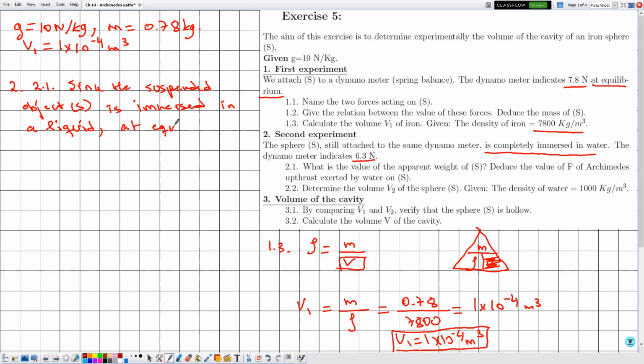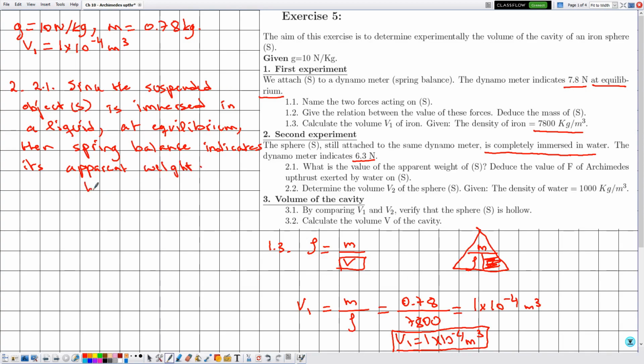At equilibrium, the spring balance or the dynamometer, let's say, indicates its apparent weight.